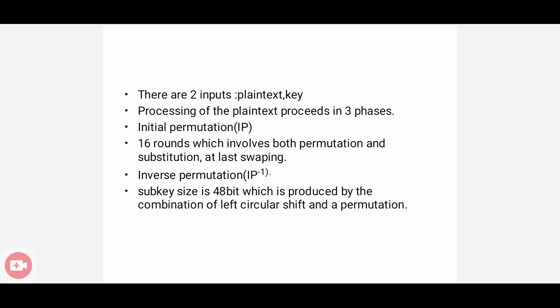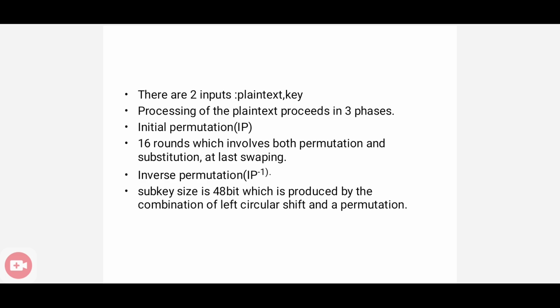The subkeys come from the original key. What is the original size of the key? It is 56-bit. From the 56-bit key, we can derive 16 subkeys, and each subkey is used in each round.